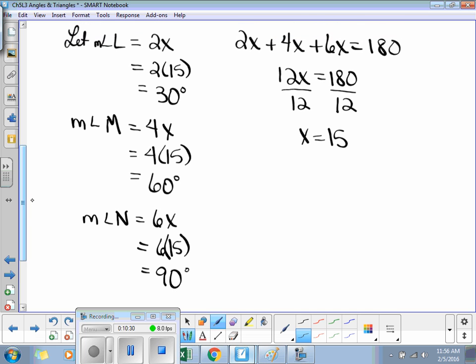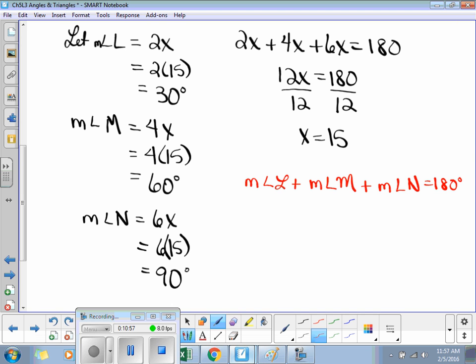Now, to check our work here, when we add the measures of a triangle, what am I supposed to get? 180. So, if I add the measure of angle L plus the measure of angle M plus the measure of angle N, I should get 180 degrees.